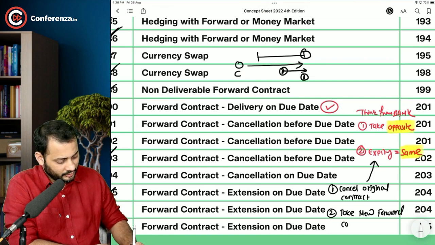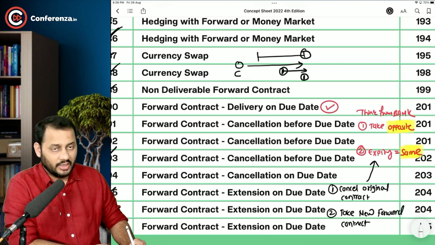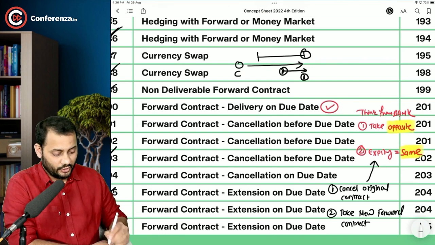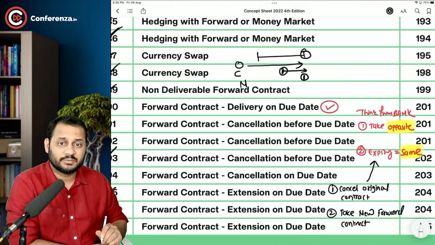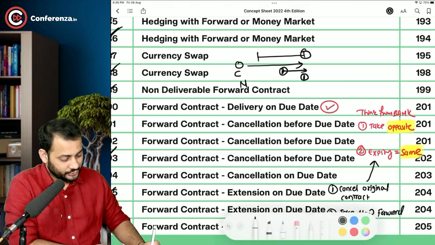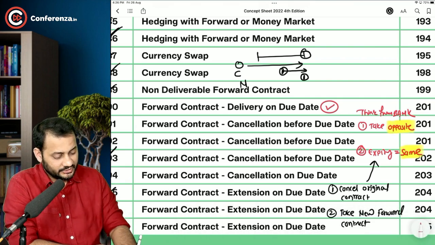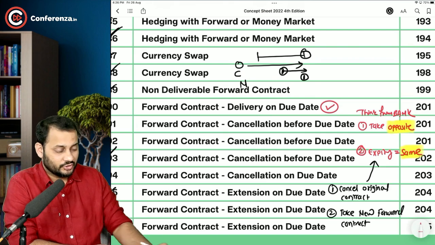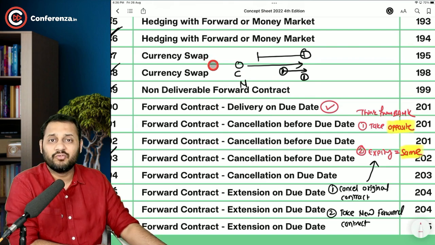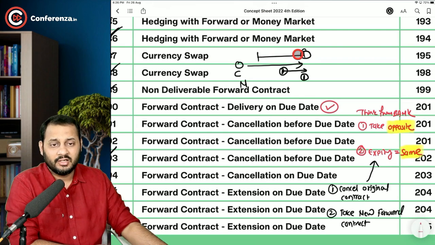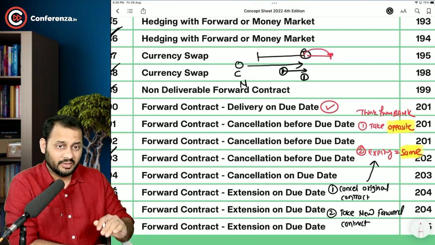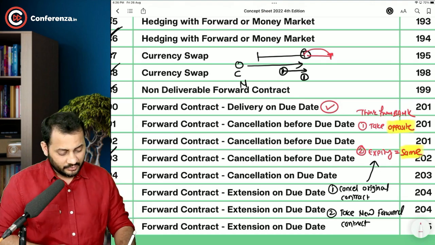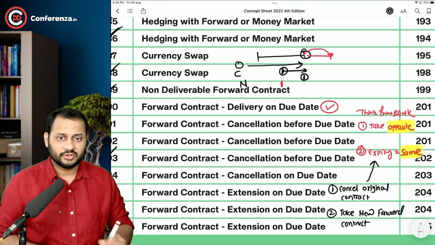forward contract. Now, understand, you will buy or sell a new forward contract, but the expiry of the new forward contract should be such that it is expiring on the date you want to deliver. So for example, you wanted to sell foreign currency on due date. Now you want to sell it 1 month after due date, and you are coming to the bank on this date. So what will happen?